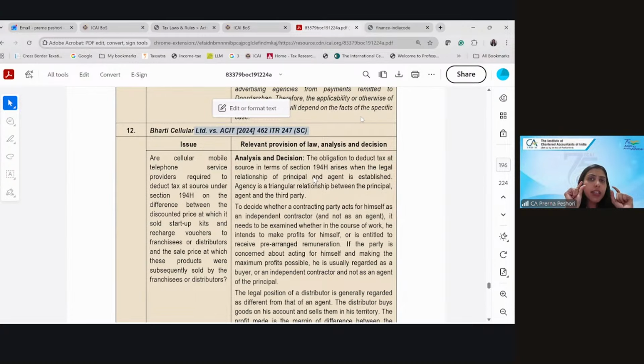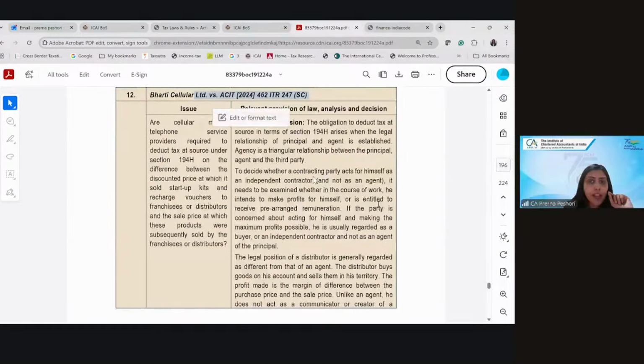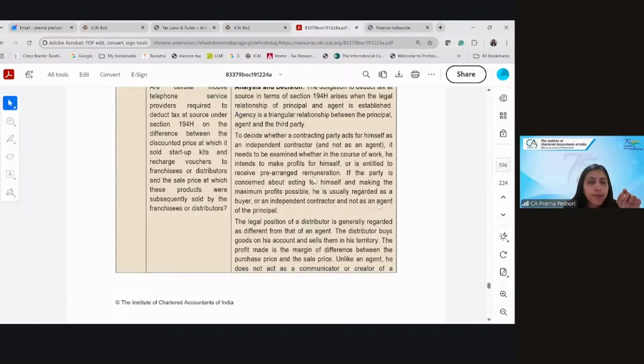So, whether this is a commission and therefore TDS should come under 194H. Here the Supreme Court observed whether the stores which are purchasing this are acting as an agent or working on a principal to principal basis.